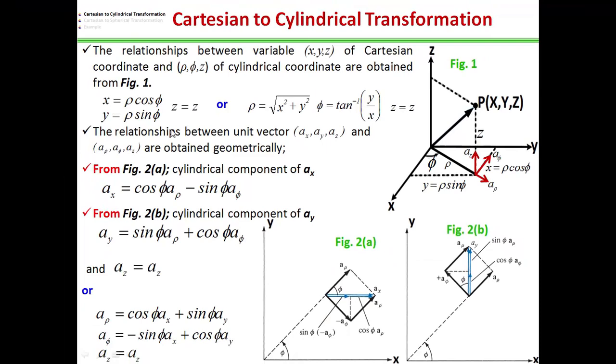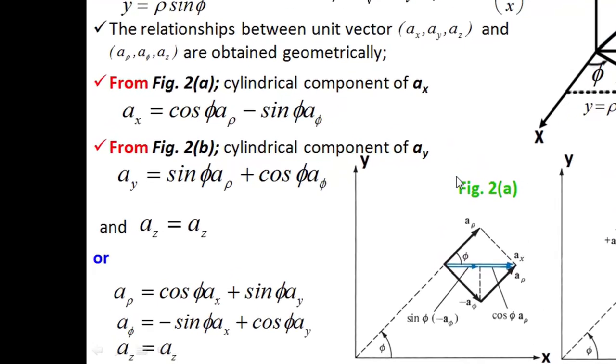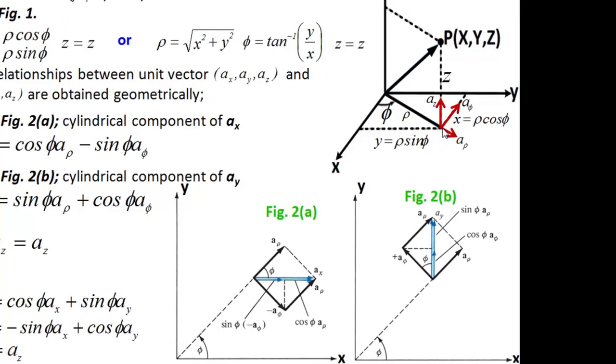Now we will find the relationship between unit vectors ax, ay, az and a rho, a phi, az. This relation can be found with the help of figures 2a and 2b. From figure 2a, you can see the a rho component is along the rho direction, the a phi component along the phi direction and the az component along the z direction.